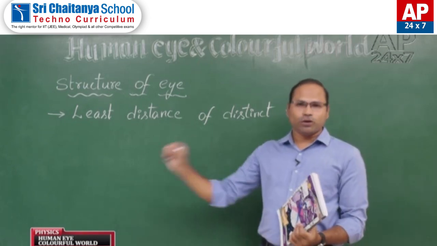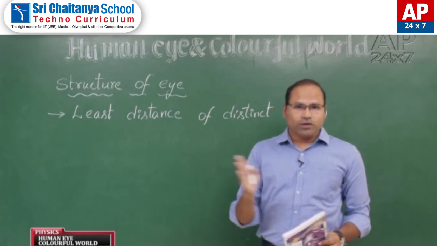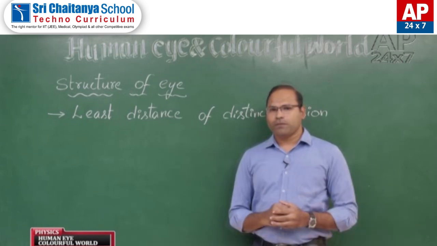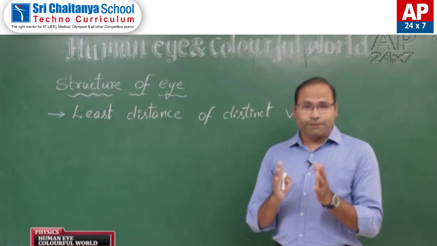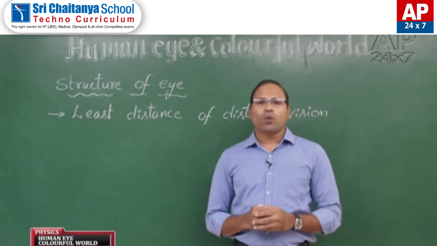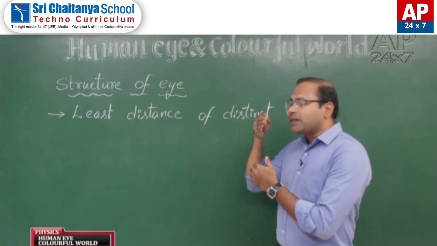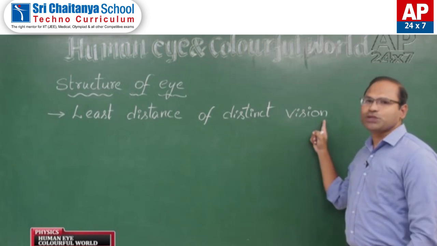Note that value down and repeat the same activity with 2 or 3 of your friends, and in each case measure the distance. Finally, what you can conclude is, to see any object comfortably and distinctly, we need some minimum distance from our eye, and this distance is called the least distance of distinct vision.